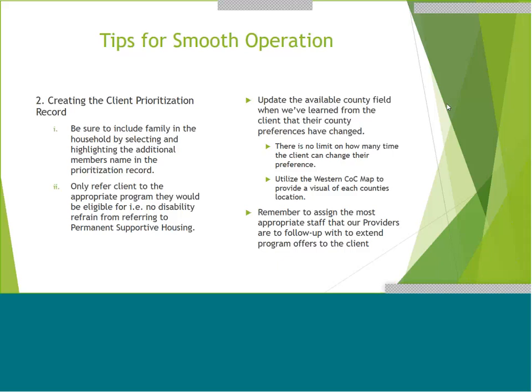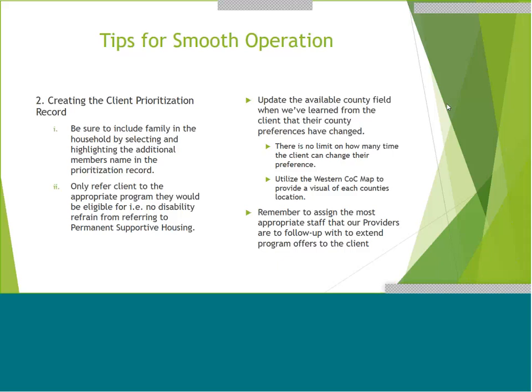There is no limit on how many times the client can change their preferences, and anyone who learns that the preferences may have changed can update that field. It doesn't have to just be the assessment center, but if a provider learns of that information, they can also go in and update.